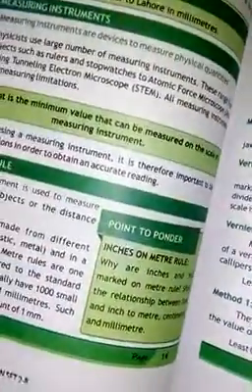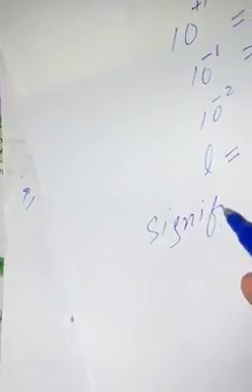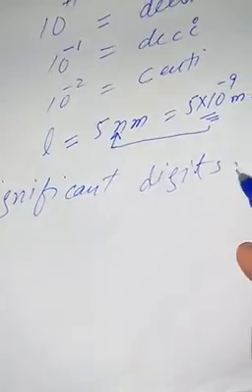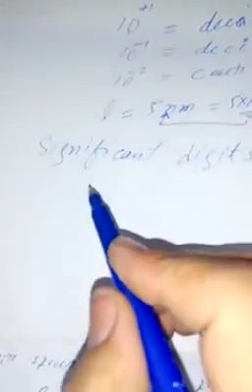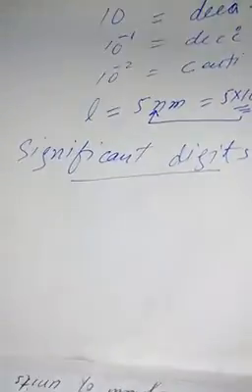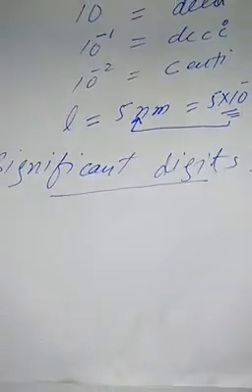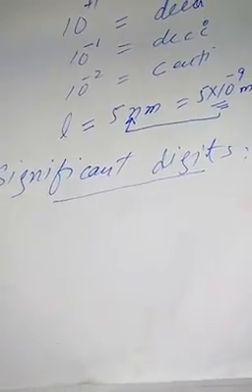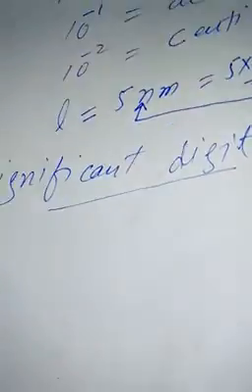After this, the next topic is significant digits, or figures. As physics is related to measurements, in every measured value there will be some number of significant digits.